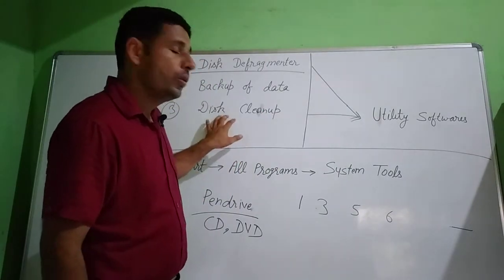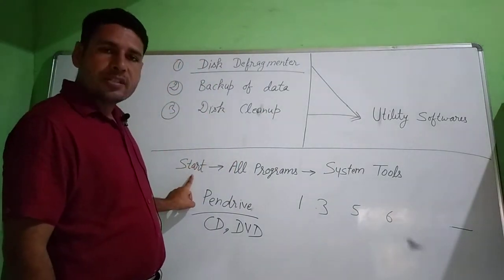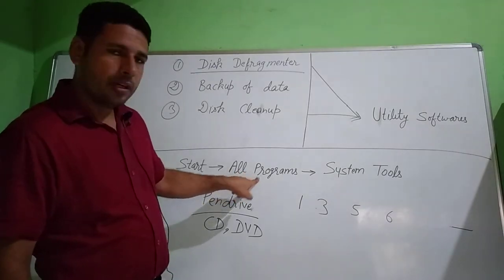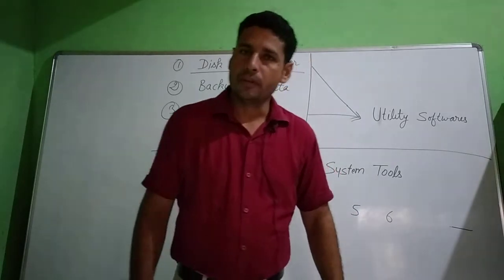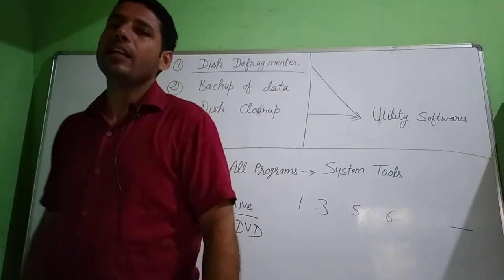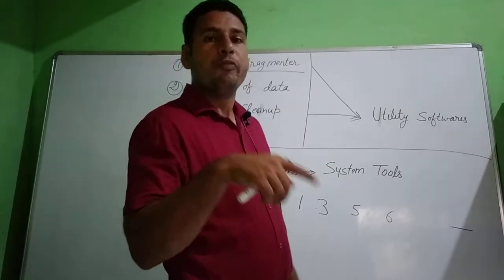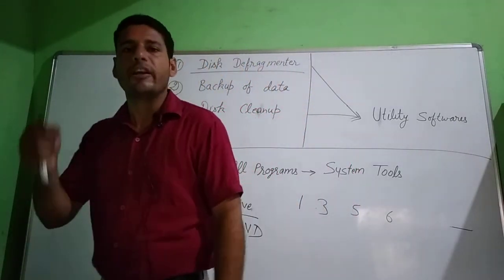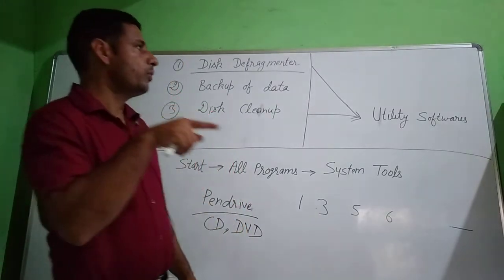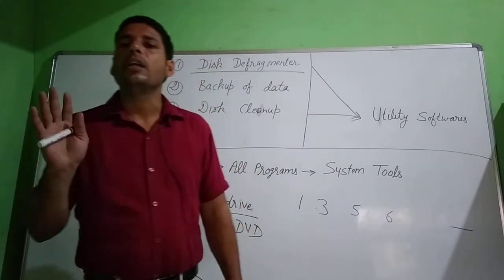Now how does it work? Click on start, all programs, system tools, click on disk cleanup. When you click on disk cleanup, it will ask which drive you want to clean up: C drive, D drive, E drive, F drive. You have to select that drive and click on clean up.